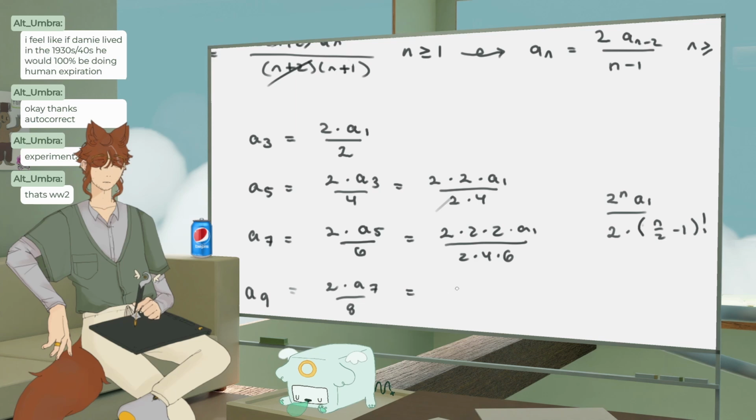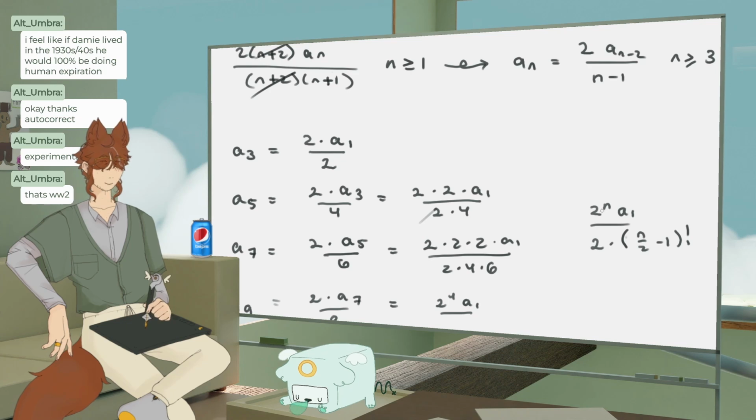Okay, so this is gonna equal 2 times, this is 2 to the 4th, a1 over, okay, so it's not 2 to the n. 2 to the n over 2 minus 1, yeah. You know, that classic number.